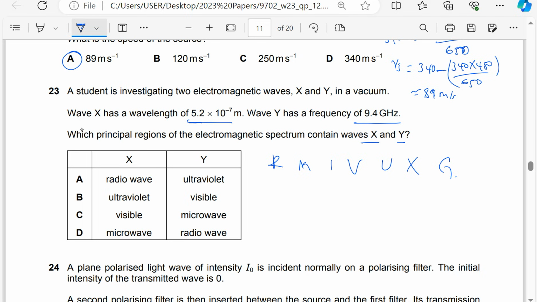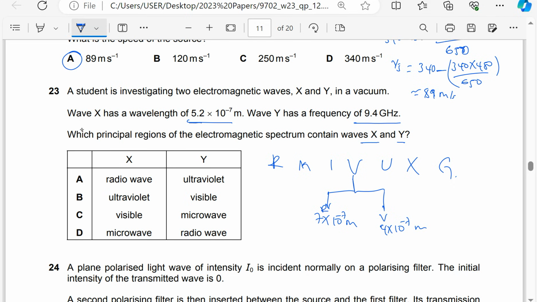This wavelength of 5 is in the visible spectrum, because we know red is 7 times 10 to the power of minus 7 meters, next to infrared. Violet color is 4 times 10 to the power of minus 7 meters.